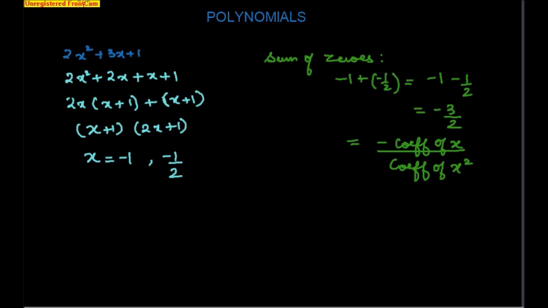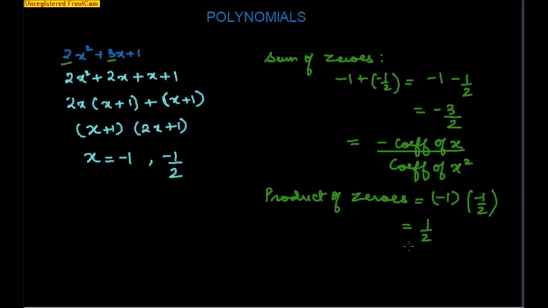As you see in the question, coefficient of x is 3 and the coefficient of x square is 2. Now we write down the product of the zeros. So the product is minus 1 into minus 1 upon 2, which is 1 by 2. What is this? If you see, 1 is the constant and 2 is the coefficient of x square.